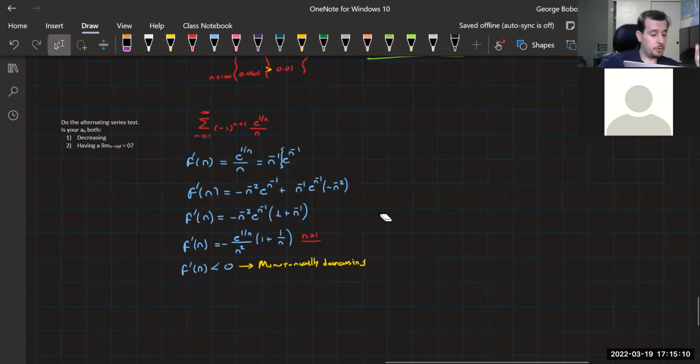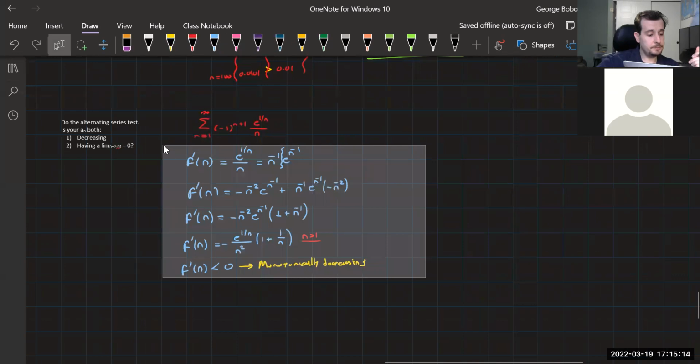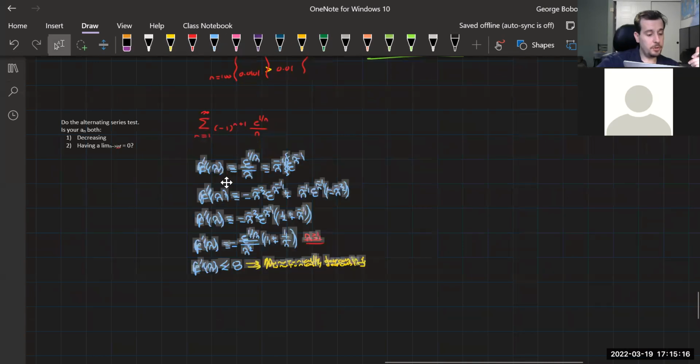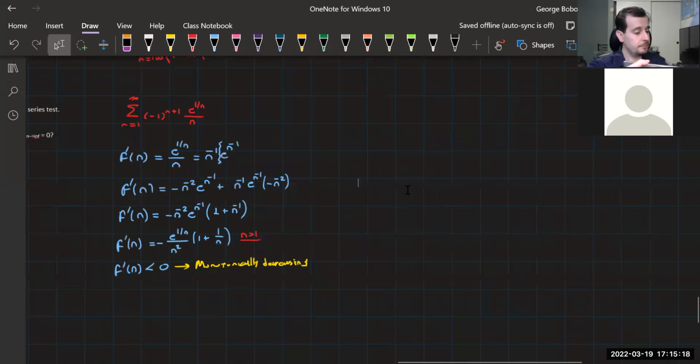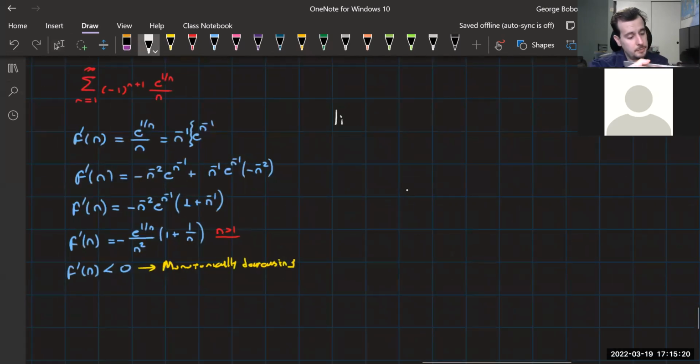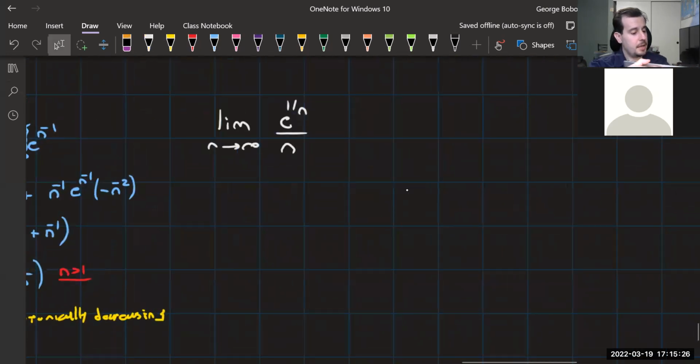And what about the second part? That's like part number 1. What about the second part? We have to take the limit, right? Let's do it. Limit as n goes to infinity of e to the 1 over n, over n. If you were to directly plug in the limit right now, you would get what? 1 over infinity, so like 1/0.